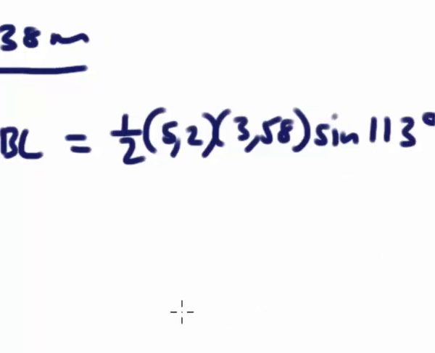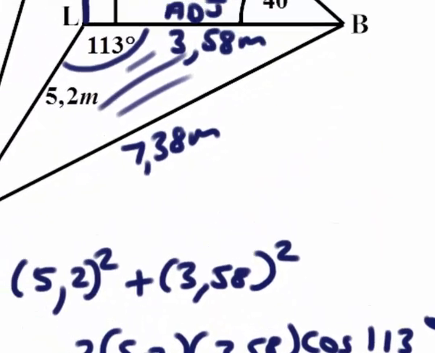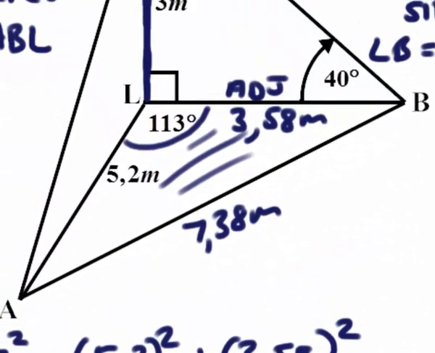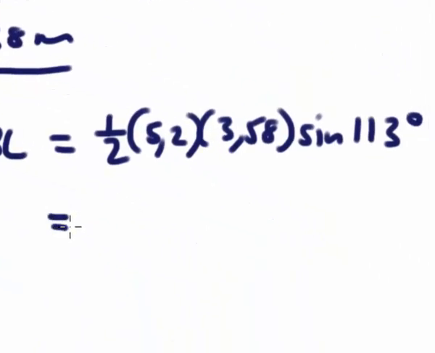Halve those and then multiply by sine of 113. In your calculator, you would get 8,57 squared meters. Good.